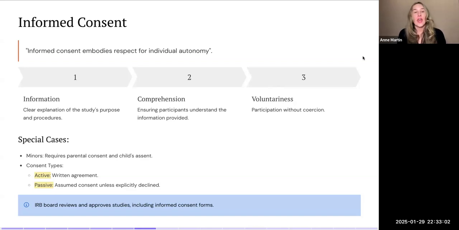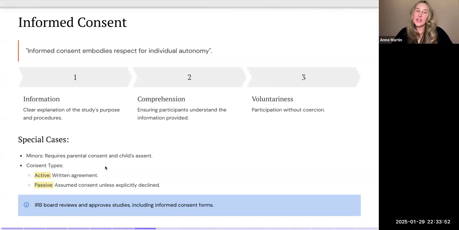Minors require parental consent, and in those cases, the children assent after the parent has consented for them. In most cases, informed consent is considered active consent. This is when it is a written document that the researcher reads to the participant, they read through it, and they sign it.